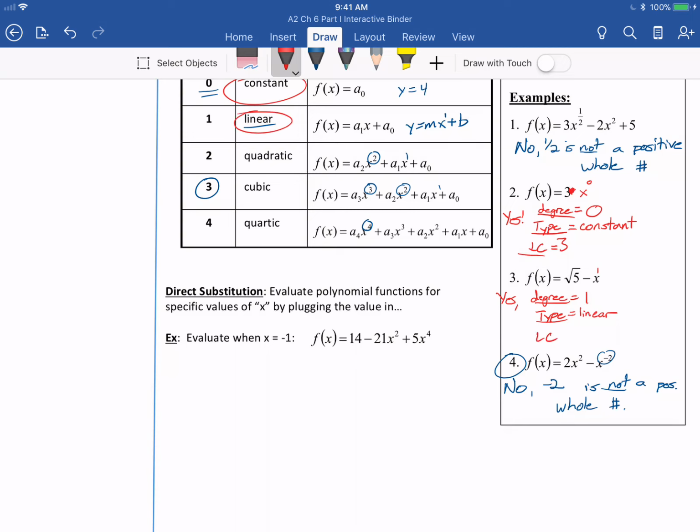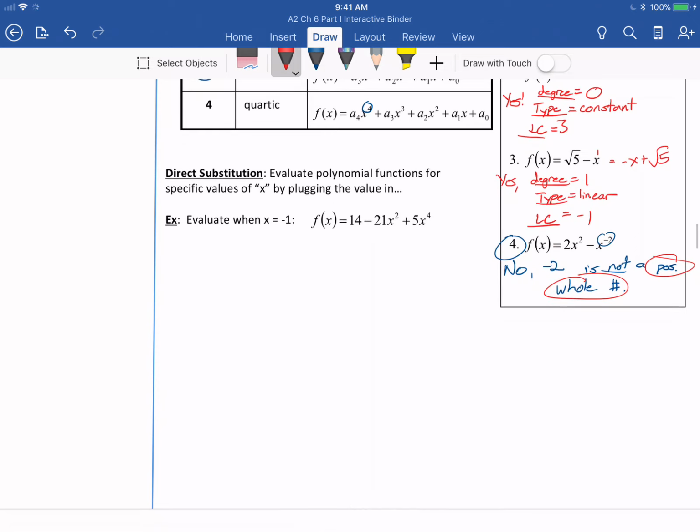And now my leading coefficient is the first number that you see in standard form. In standard form, this is going to be negative x plus the square root of 5. So my leading coefficient is negative 1. Make sure you write those in standard form. The main thing is that the exponent has to be a positive whole number. If it has an exponent that's not a positive whole number, it's not a polynomial.